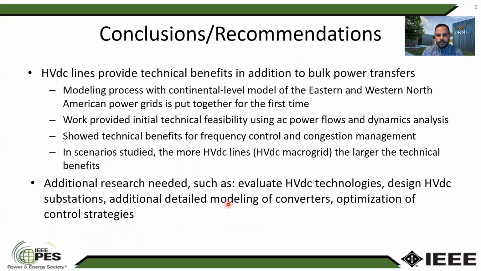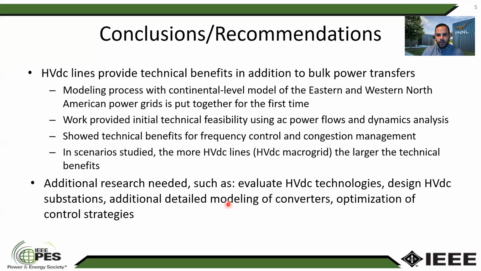So the conclusion of this presentation is that, as I said, bulk power exchange benefits have been studied with HVDC lines with different topologies, but no steady state or dynamic models have been developed.